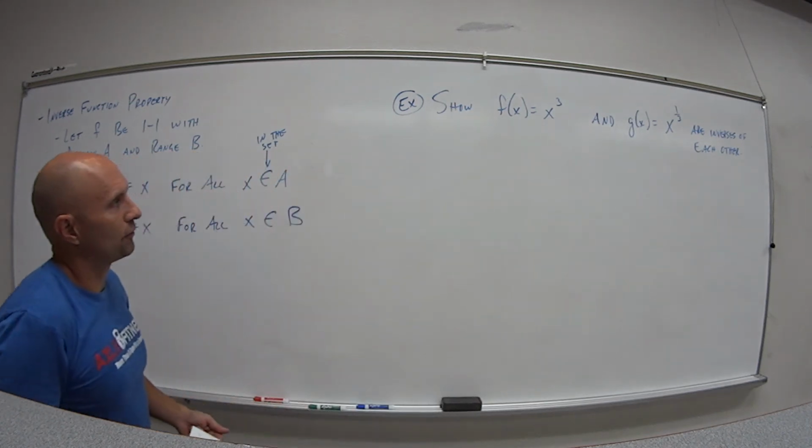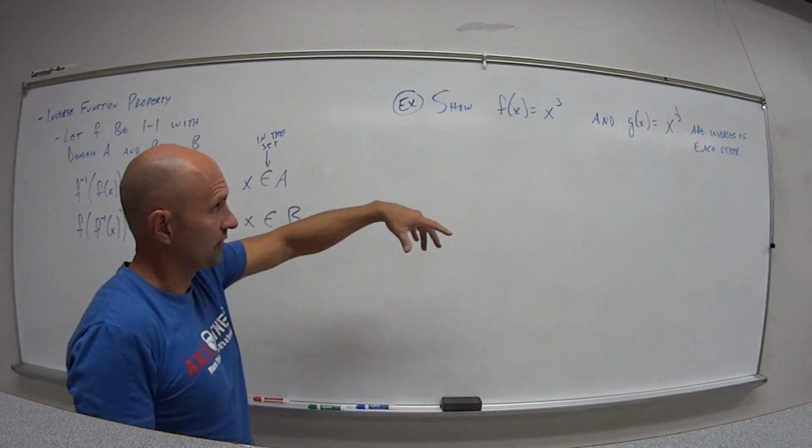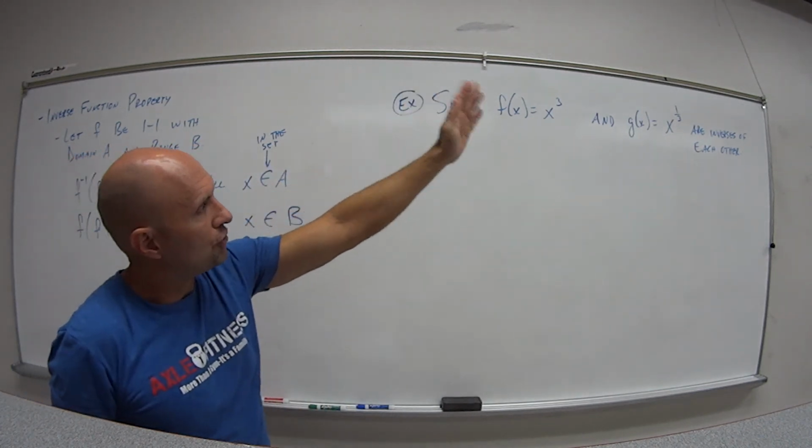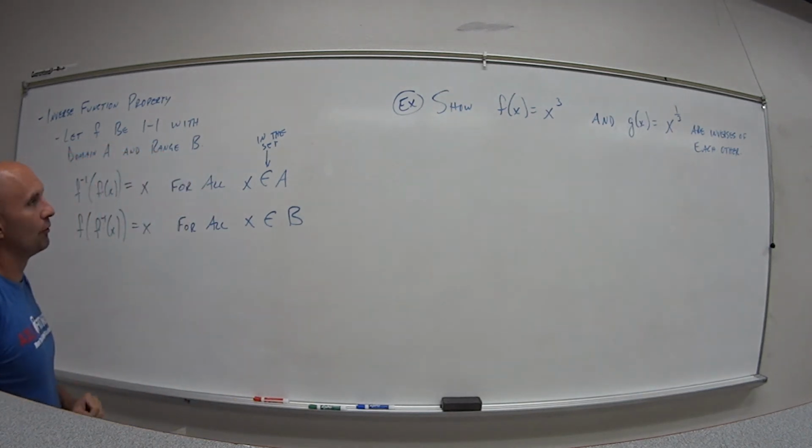If these are inverses of each other, then f of g of x should just give me x, and g of f of x should also give me just x, based on this inverse property.